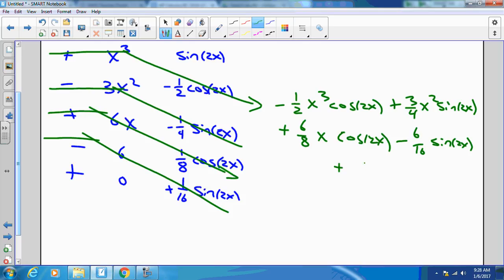And we're done. So plus C. And there's our antiderivative.